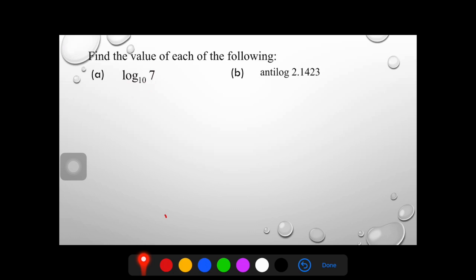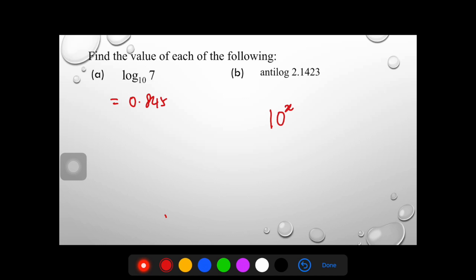The answer should be 0.845. So you can get it directly from the calculator. The anti-log means that you press shift log on your calculator, it will show you 10 power of x. This is the meaning of anti-log.